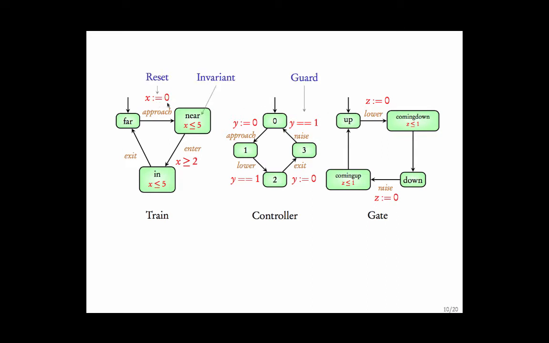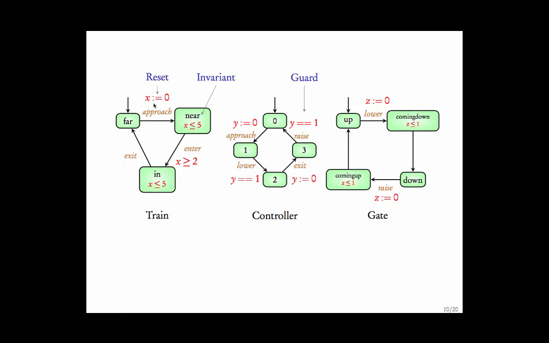What are the basic mechanisms that we have seen? We have what are called clocks. Clocks are real valued variables. They are part of the model, and as and when time increases, the values of the clocks increase at the same rate. And how can we use the clocks? We can reset the clocks during transitions.